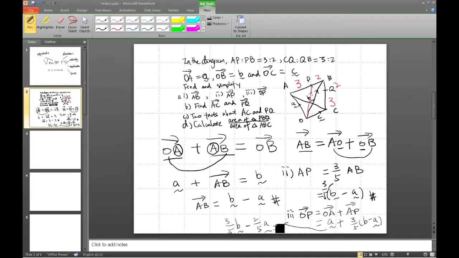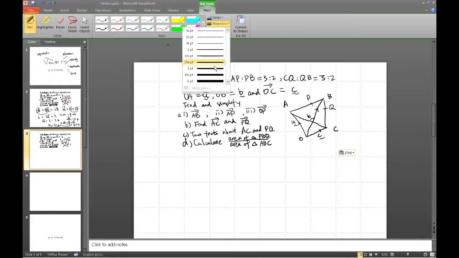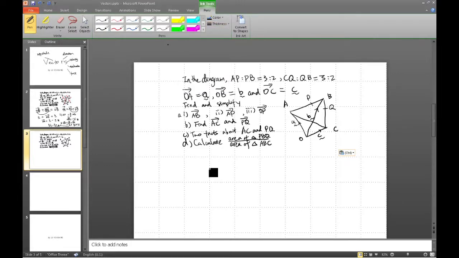Let's move on to another question. Now, let's take a look at part B. We are asked to find AC and PQ. So how do we form an equation involving vector AC? It's easy, right?